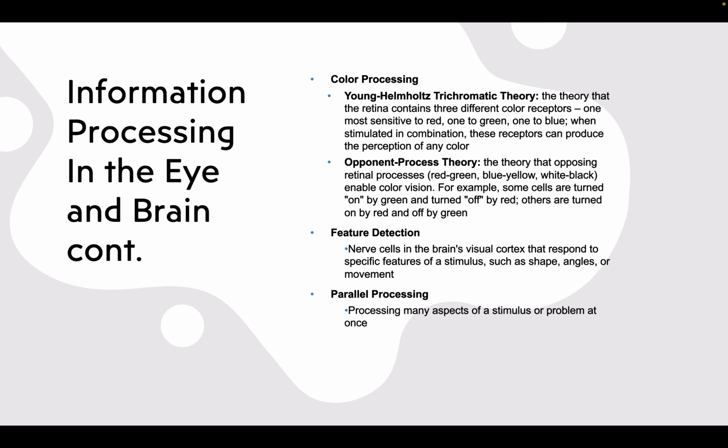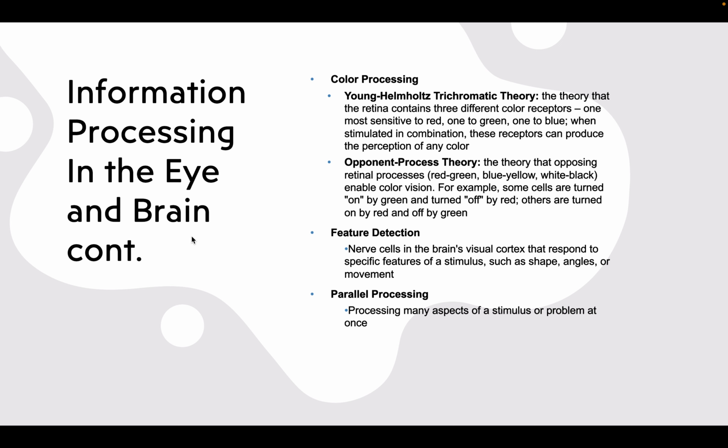It's how we're able to identify things and remember what they look like, and then picture them in our mind later on. So feature detectors are the nerve cells that allow for that to happen.